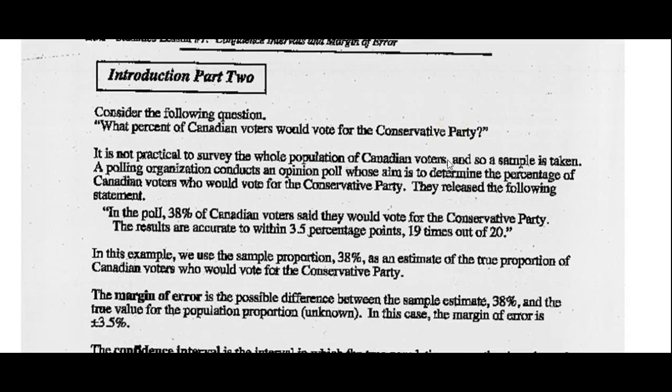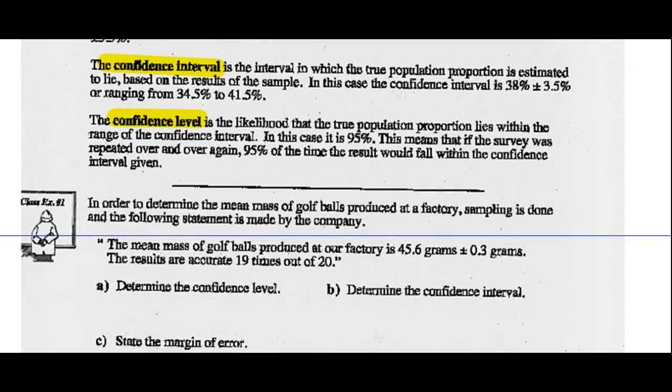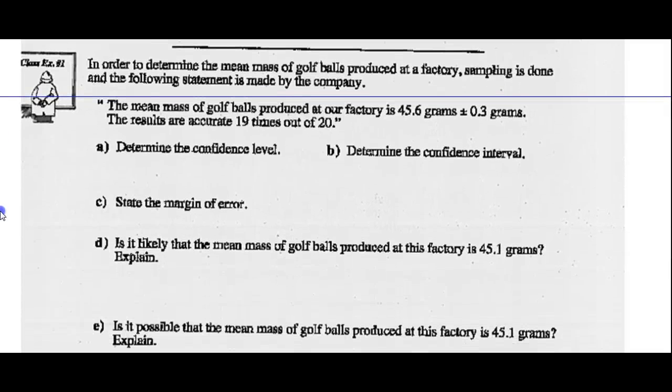Make special note of these definitions: margin of error, confidence interval, and confidence level. So read through all those things. Once you've done that, come back here, we'll start doing class example number 1.